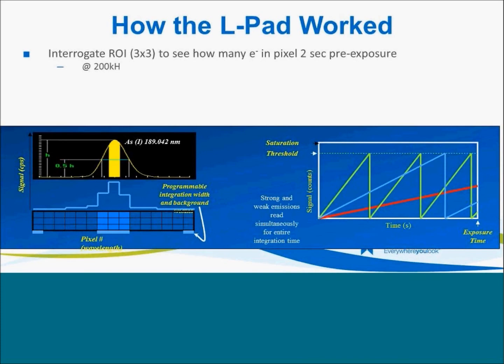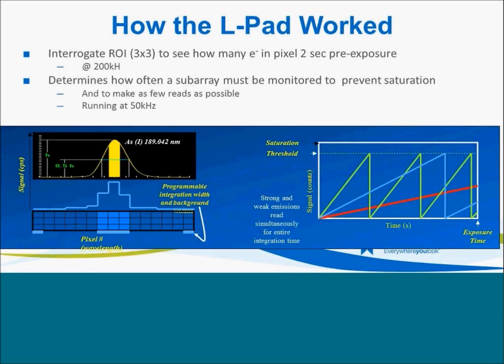What it wanted to do was look at all the wavelengths that you had in your method and figure out how intense they were, so that it would know how often it would have to come back to do the non-destructive reads to keep that wavelength from saturating, right? So it determines how often it wants to monitor the subarray to prevent saturation. And also to take as few reads as possible. The device, because of its speed, wants to limit how many readings it has to take.